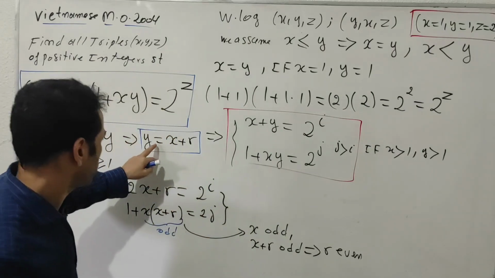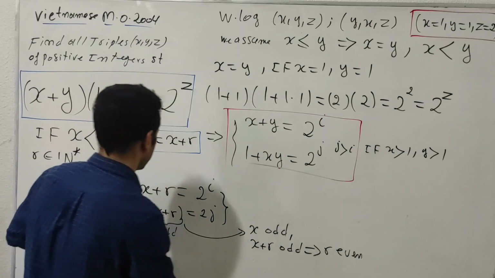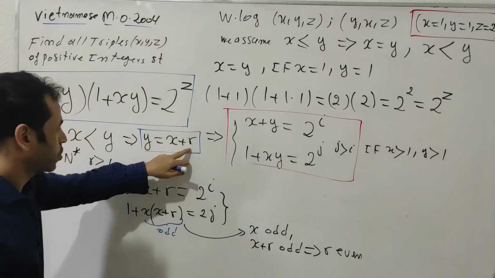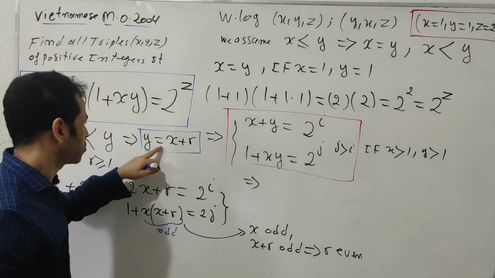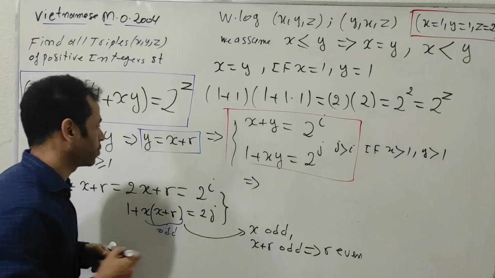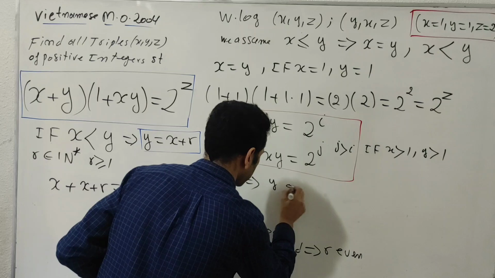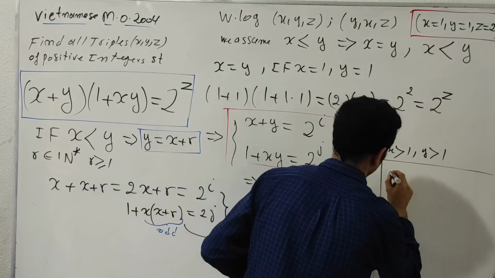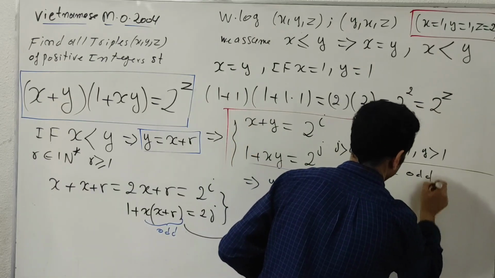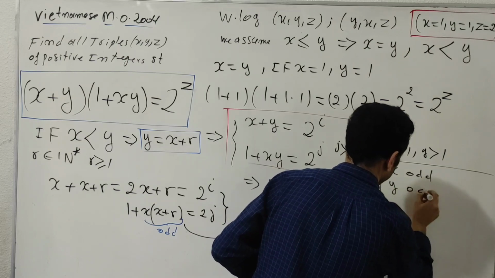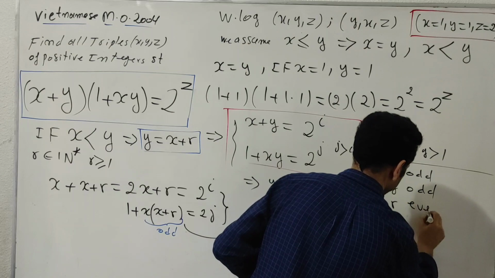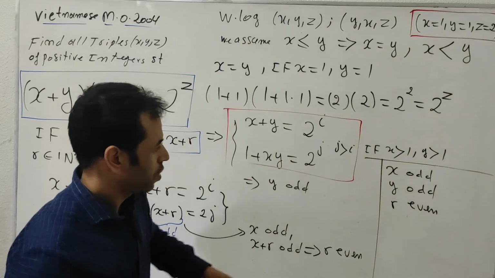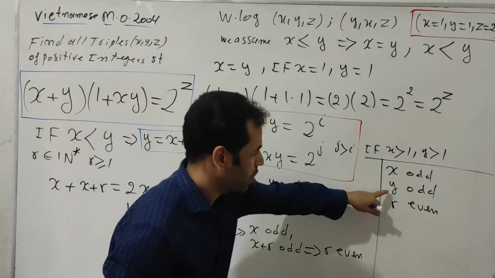Now I'm going to check the parity of y. Since y equals x plus r, with r even and x odd, y must be odd. Now I know x is odd, y is odd, and r is even. This is the information I know.